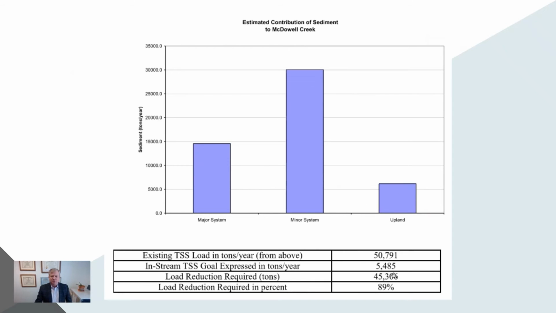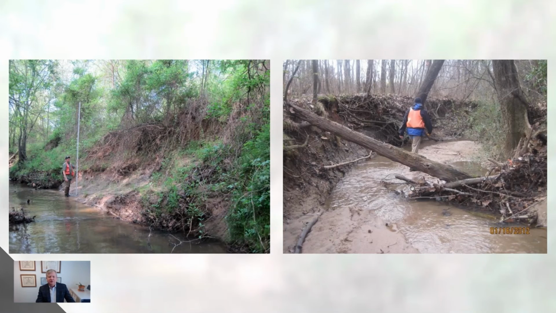So if you're going to reduce the sediment, and they wanted to reduce the sediment to avoid the TMDL by 45,000 tons, what do you need to do? Well, you obviously need to address the sediment that's coming out of the streams from the minor systems and the major systems, and maybe do a little bit in the upland, take some low-hanging fruit. Okay, well, what does that mean?